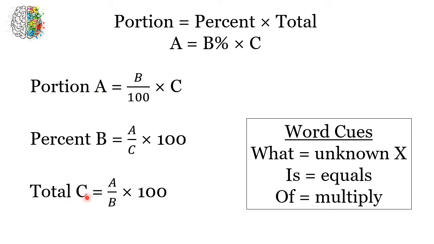Which one of these numbers is missing? That's going to be your unknown. Is means equals, and of means multiply. So these word cues are going to help you to set it up into this original formula of a portion equals a percent times a total. So now let's solve some problems.